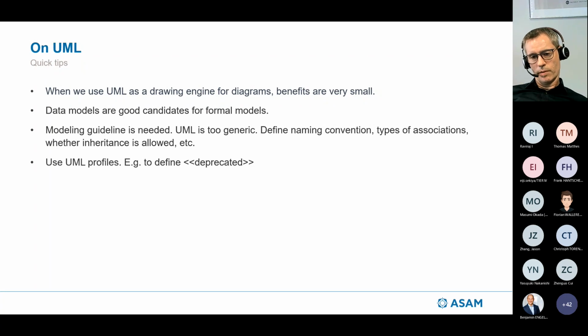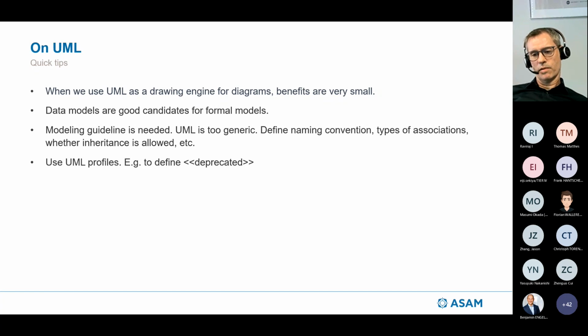When you use UML, use profiles. This is also a support to add domain-specific knowledge to your meta model, which means you're adding a profile to UML, and you can then use this in your domain model.